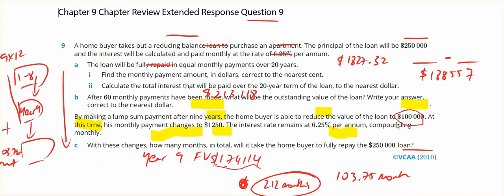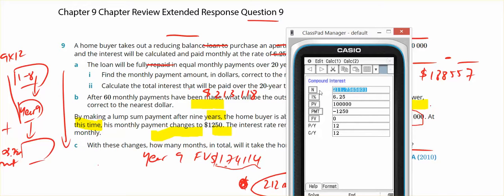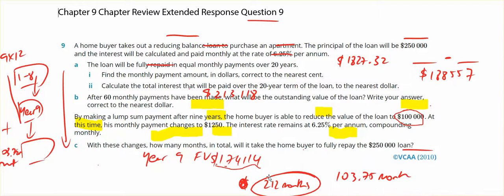Given that you now owe $100,000, how many more months does it take to pay back the loan? It took 103.75 months. If we add that to the 9 years that have already passed, we get a total of 212 months. So hopefully that helps with the question.